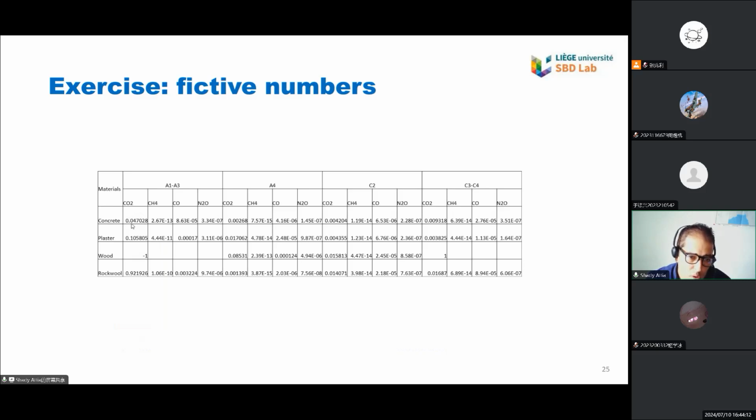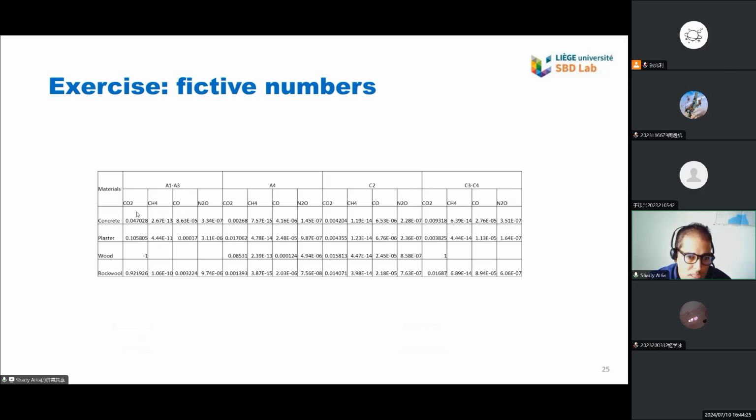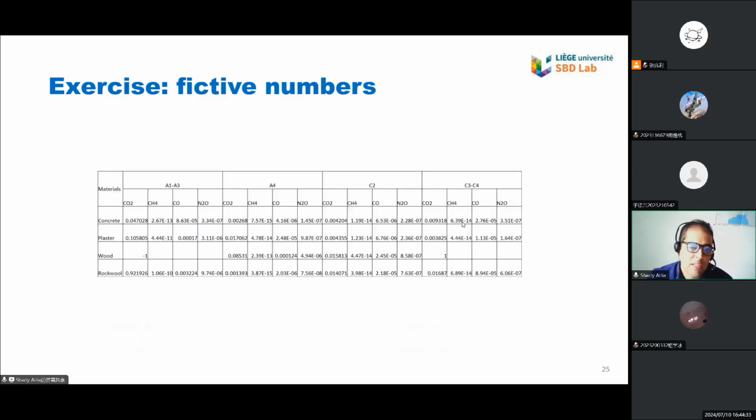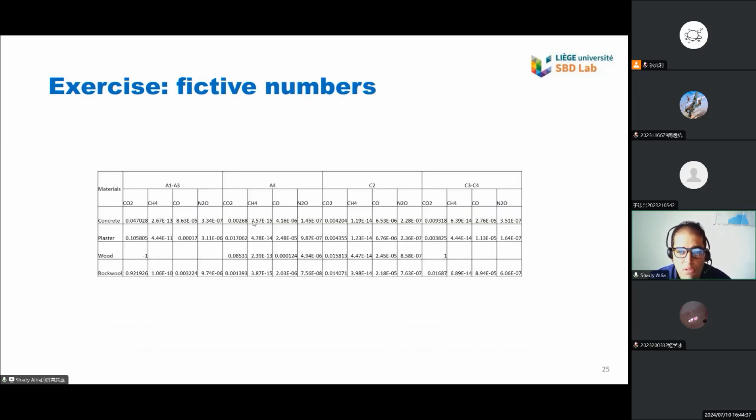Here is the unit: CO2, how much methane, how much carbon monoxide, how much nitrous oxide. You multiply the quantity with this amount for concrete, and then you have these different gas mixes for the concrete, and then you do the same for the plaster, and you continue the exercise for all the different stages.